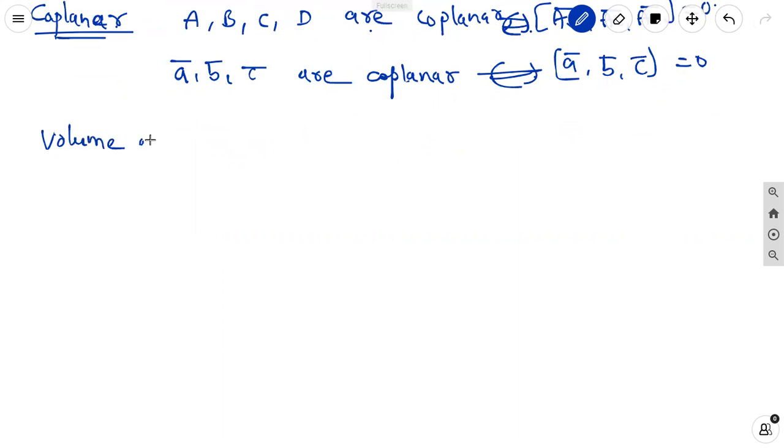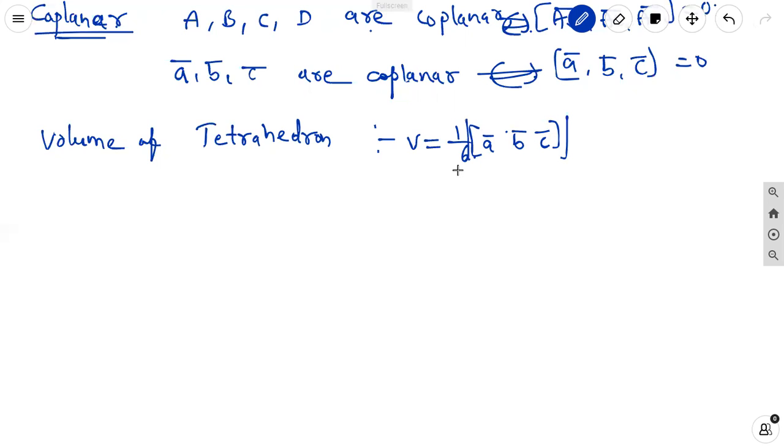Next, the volume of a tetrahedron. The formula for the volume of a tetrahedron with a, b, c vectors as edges is 1 by 6 times the determinant [a, b, c], its magnitude, since volume is always positive only.